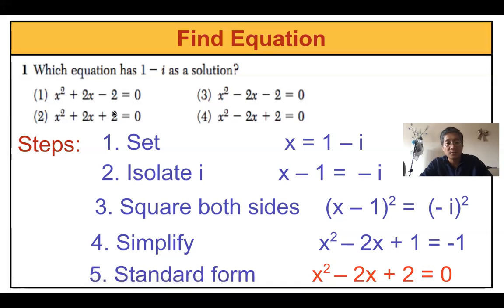No, choice 4 is the answer, right? So you should be careful. So you understand? Let's remember: set x equal to that solution, then isolate the imaginary number. When it is irrational, also isolate the irrational number, and then square both sides to eliminate i and simplify. That's it. It's very easy, right?